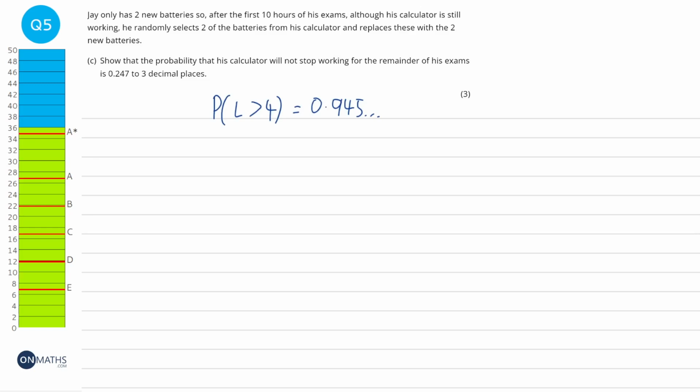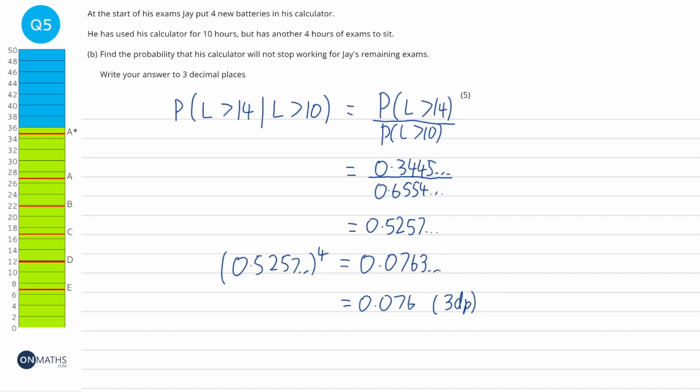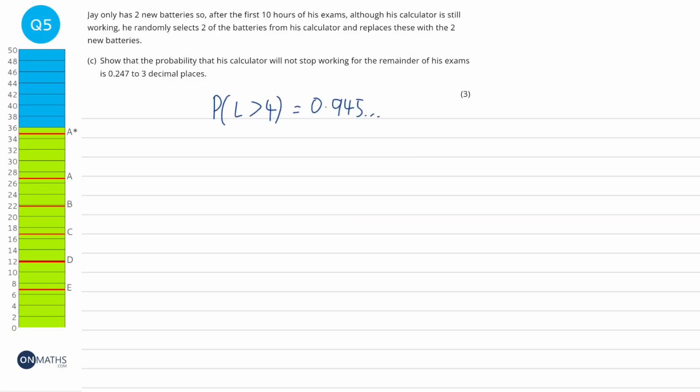And now we're going to use our answer to part B, specifically this one, because that shows the probability that the batteries we didn't replace will last. And so we're going to look at the probability of 2 of those batteries and 2 of these batteries.